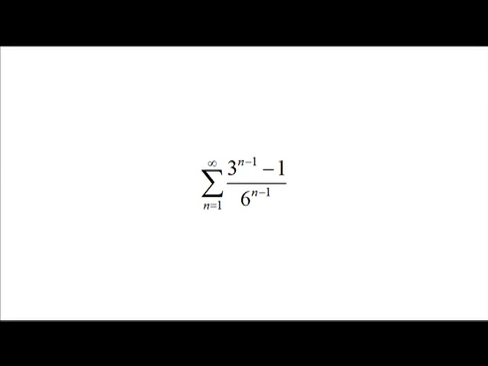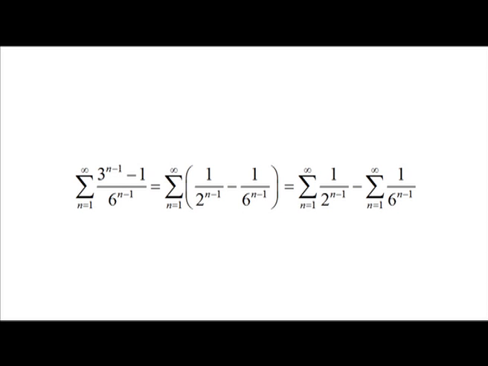We use the above rules to find the sum of the series summation (3^n minus 1) upon 6^(n minus 1), n from 1 to infinity, which is equal to summation (3^n upon 6^(n minus 1)) minus (1 upon 6^(n minus 1)), which is equal to summation 1 upon 2^(n minus 1) minus 1 upon 6^(n minus 1), n from 1 to infinity.